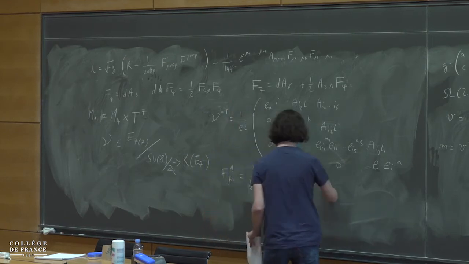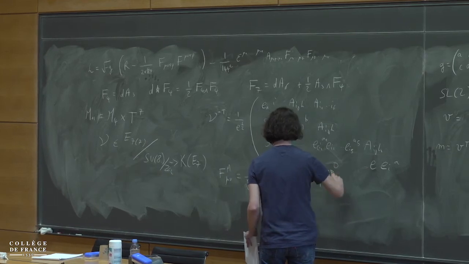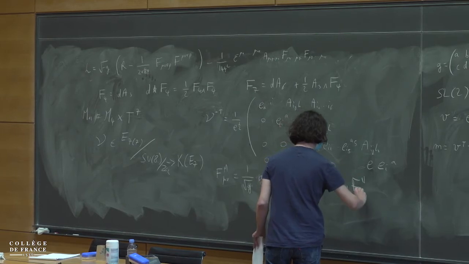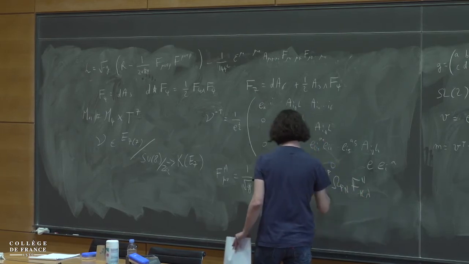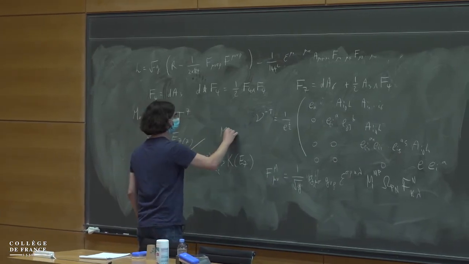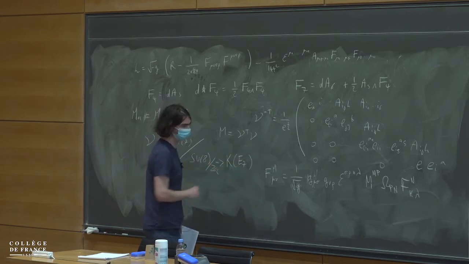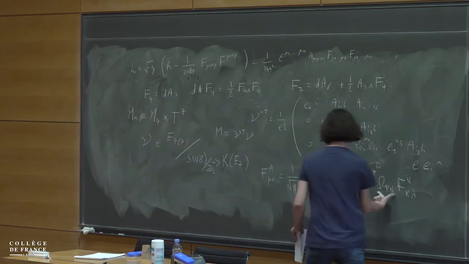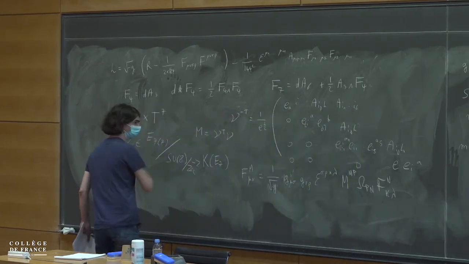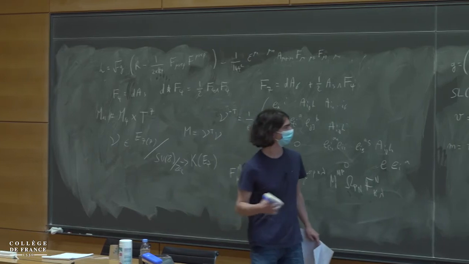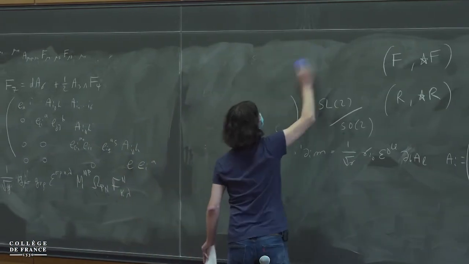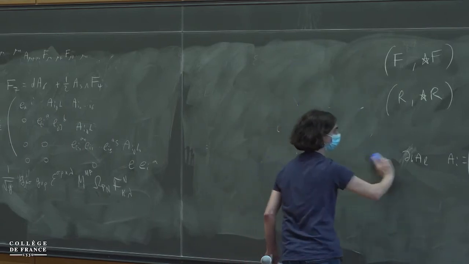It's just Hodge duality, but now involving M, P, omega, Pn, Fn kappa lambda. This M is simply the product of the matrix V: M is equal to V transpose V. And omega is a symplectic form which exists on the fundamental representation of E7. So E7 includes this 56 representation, which admits a symplectic form, that is a non-degenerate bilinear form.